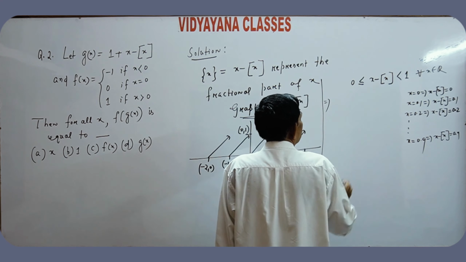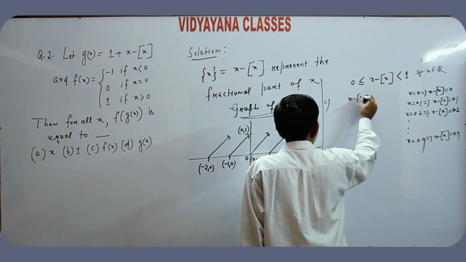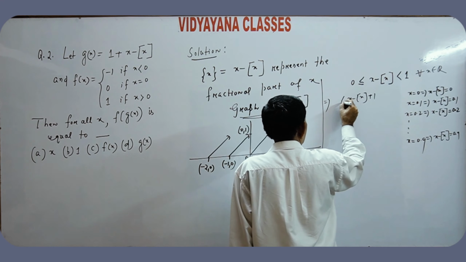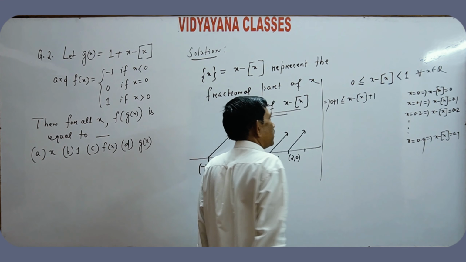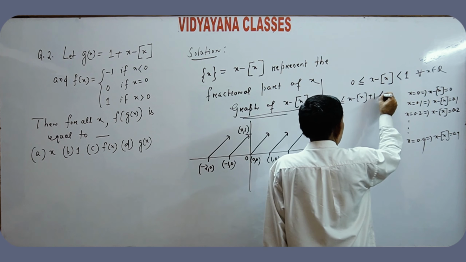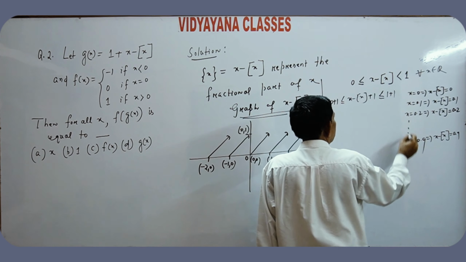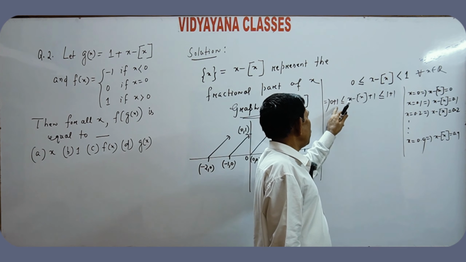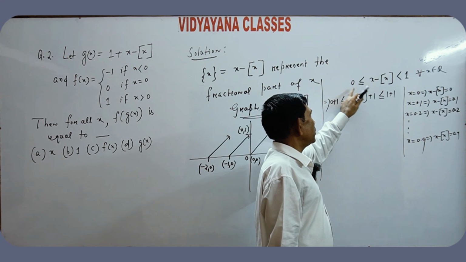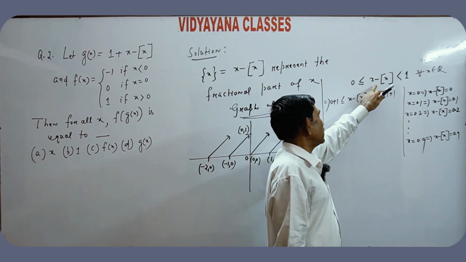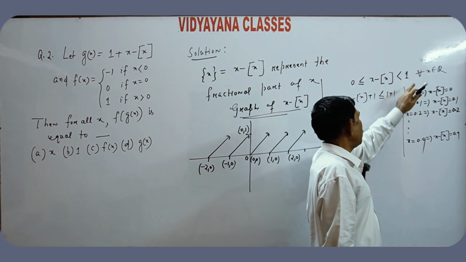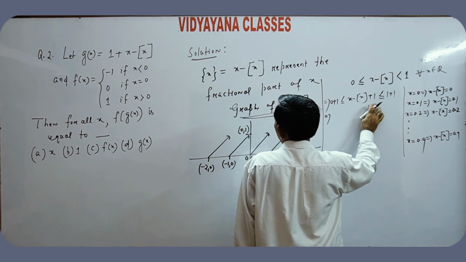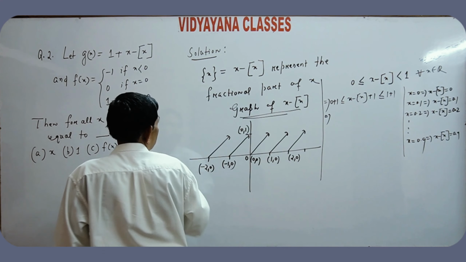Which implies, adding 1 everywhere, 1 plus 0 is less than or equal to 1 plus x minus [x], which is less than 1 plus 1. x minus [x] plus 1 is equal to g(x).